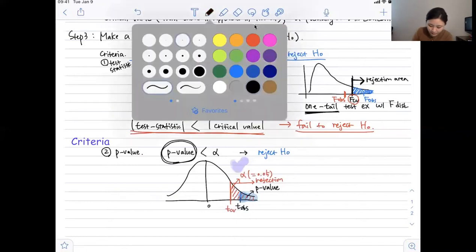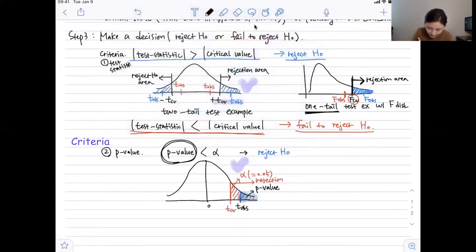The same thing for the negative part. So below the T observed value, before the T critical value is the rejection area, and this portion is 0.05, which is alpha. You can set your own alpha or alpha is given in the scenario.